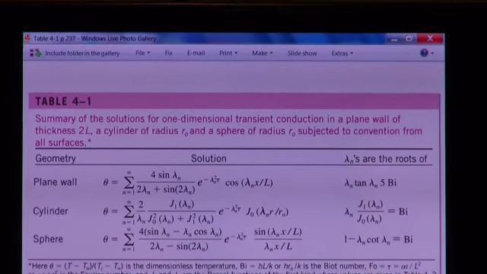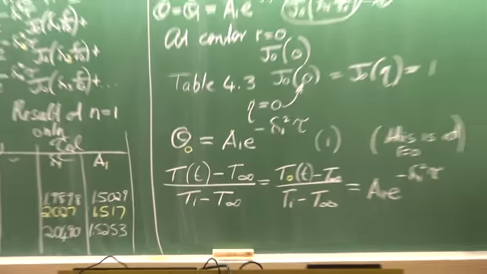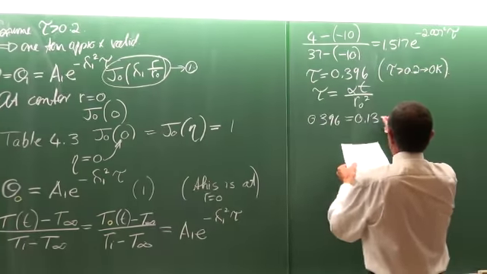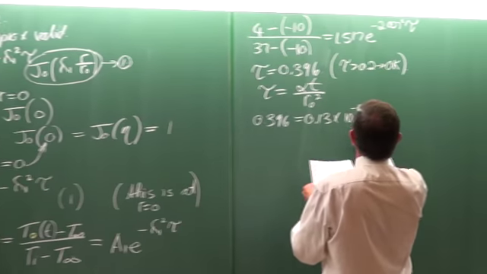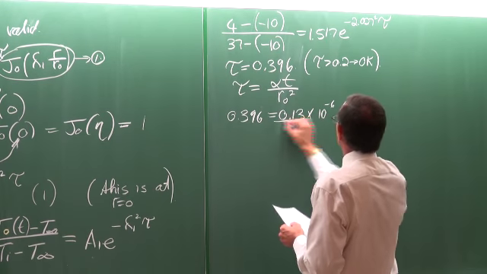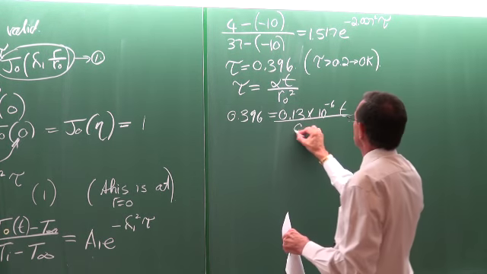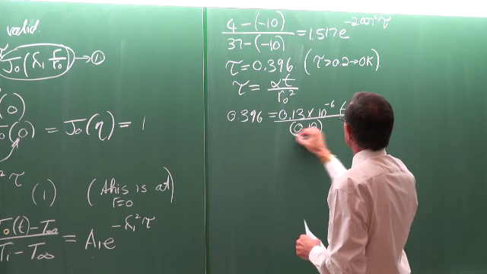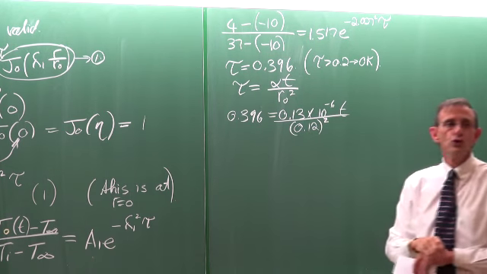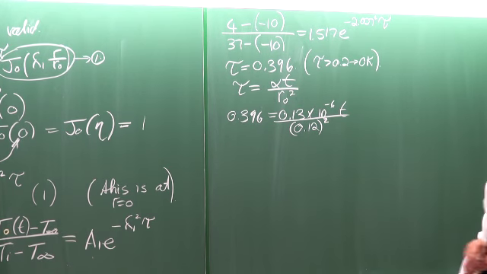So 0.396 is equal to alpha, which is 0.13 multiplied by 10 to the minus 6, multiplied by the time in seconds that we want, divided by the radius, which is 0.12 or 120 millimeters, squared.